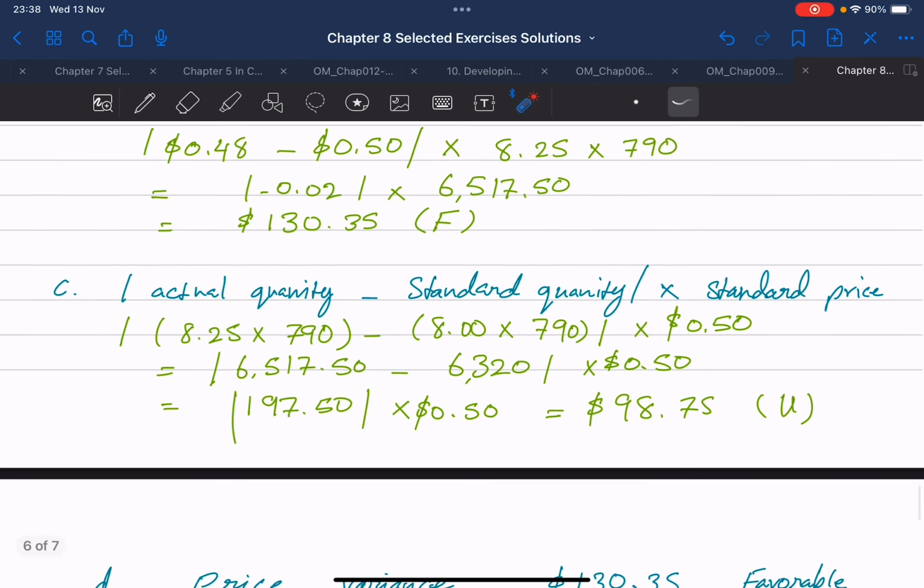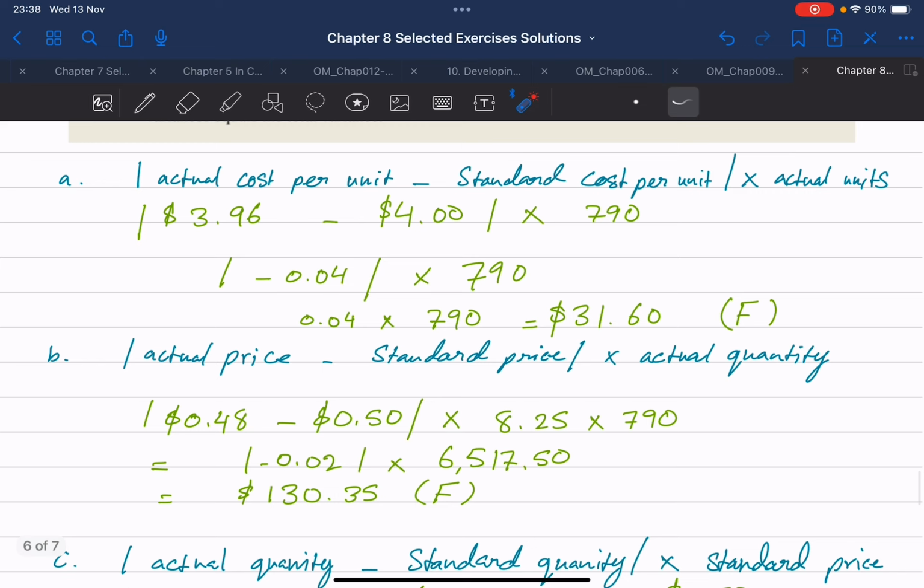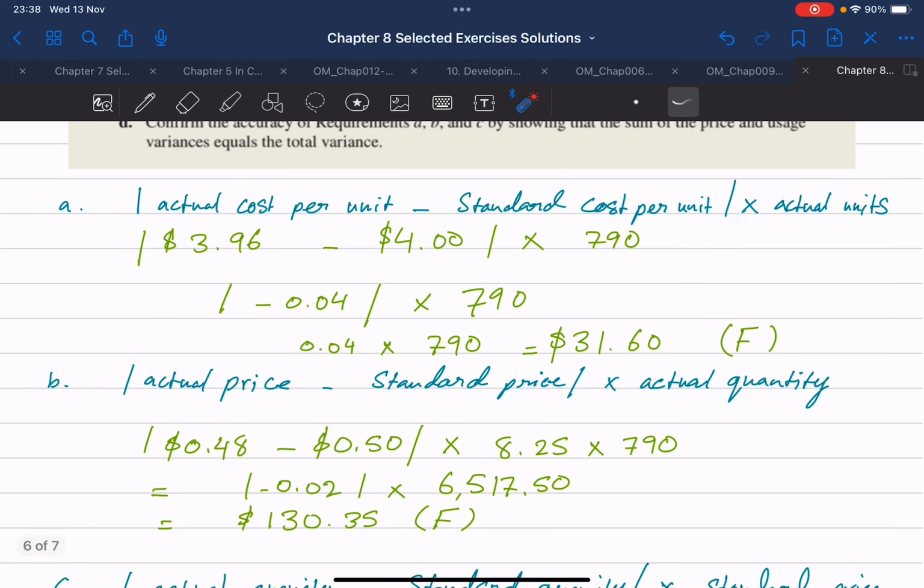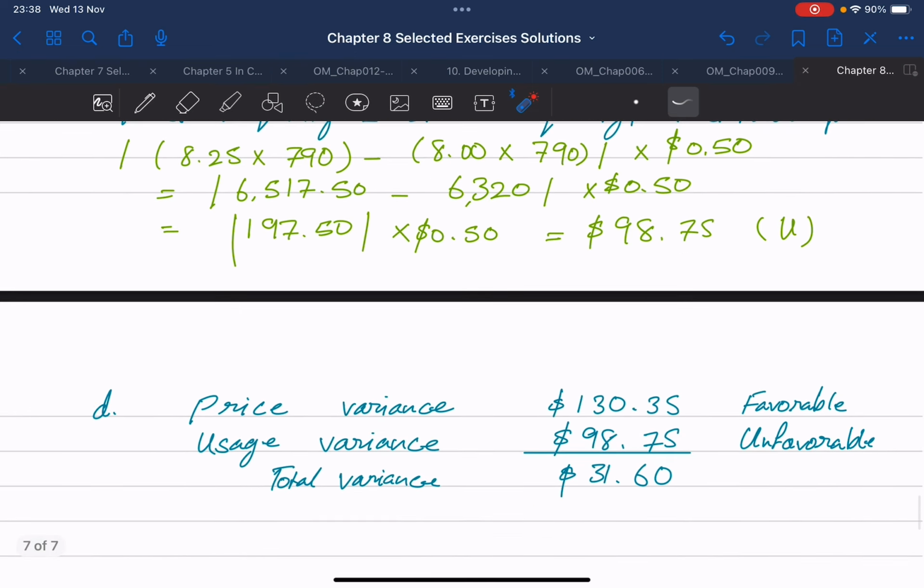So let's go back to our first step and see if the outcome we had in part D matches the outcome we had in part A, $31.60, which is the same. And of course, this is a favorable variance, which is the total variance. And why is it favorable?